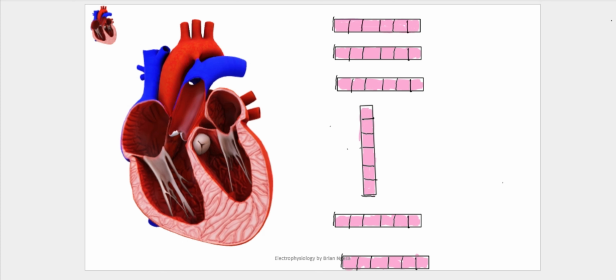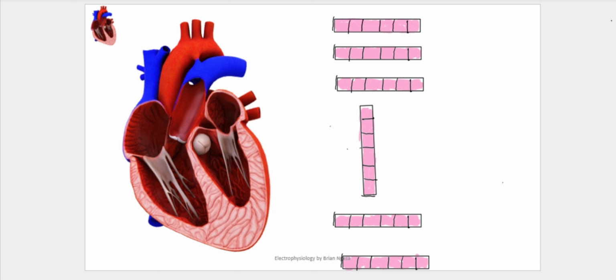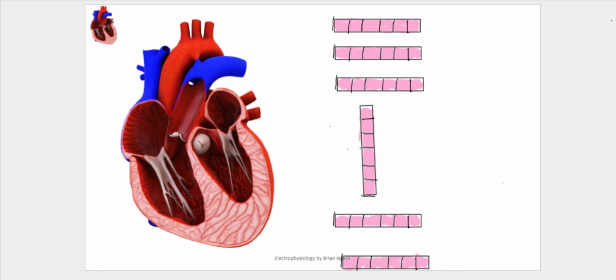This is a piece of the heart consisting of closely arranged cardiomyocytes, so that if one area is excited, the action potential will spread from one cardiac cell to another.